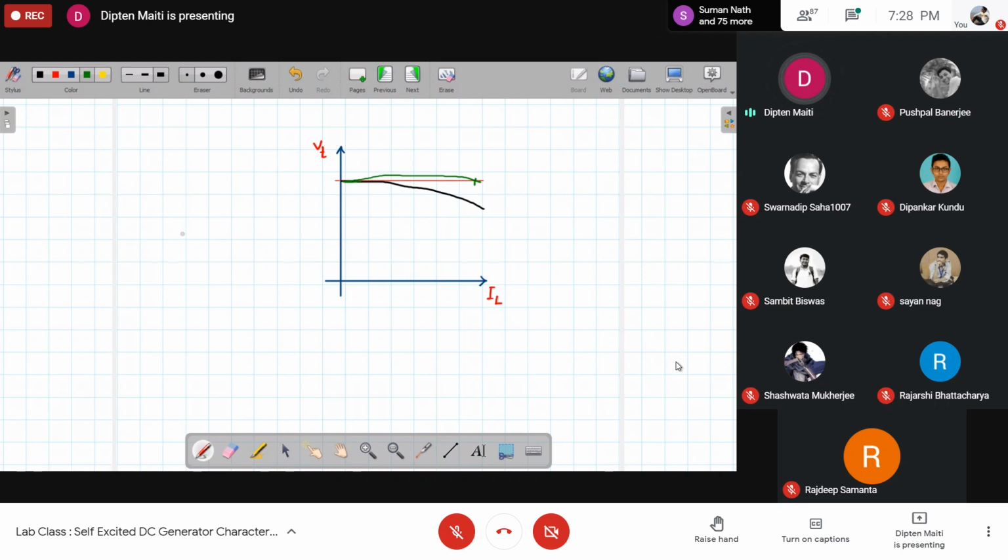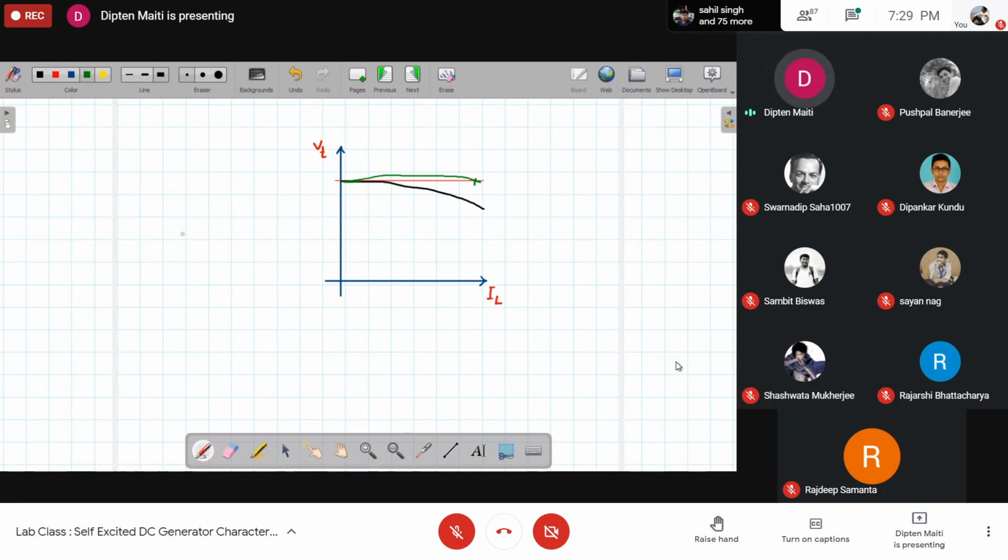For the differential compound generator, as the load current increases, the series field flux would increase because the load current directly passes through the series field. That flux opposes the shunt field flux. So the flux responsible for the induced EMF would reduce, which means the induced EMF inside the machine would start reducing.